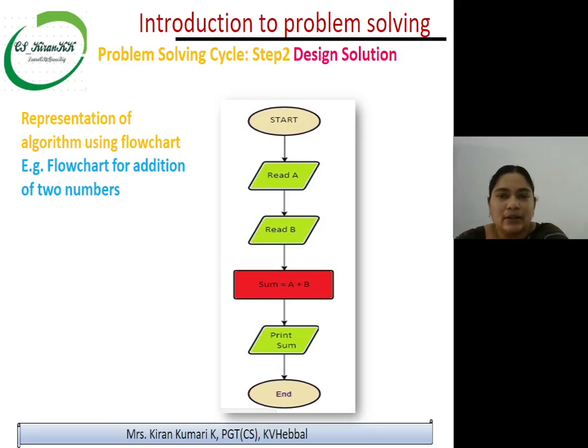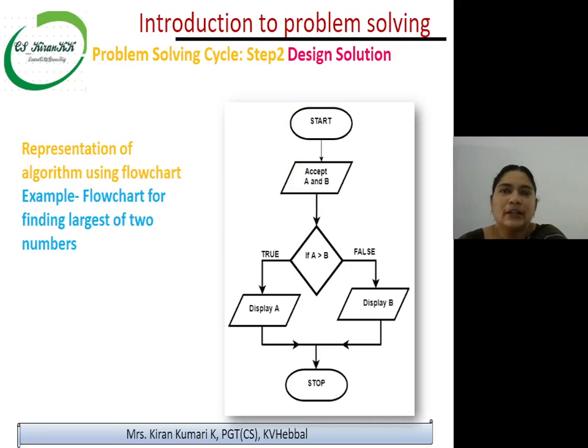Here a calculation is involved: sum of two numbers, sum is equal to A plus B. For that calculation we use a rectangular box. Clear? Let's proceed to see some more flowchart examples.